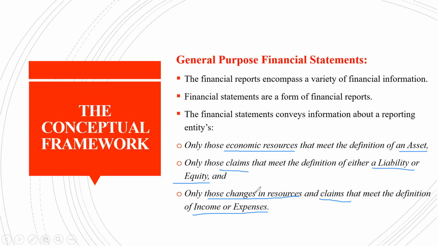By just looking at these things that I'm highlighting, automatically in your mind, you're already being given hints about what the potential definitions of these things would really be. For instance, if you're looking at income, income is basically a change in economic resources, but from an increase, positive side of it. All right. And then obviously the expenses, it's a change in the claims.